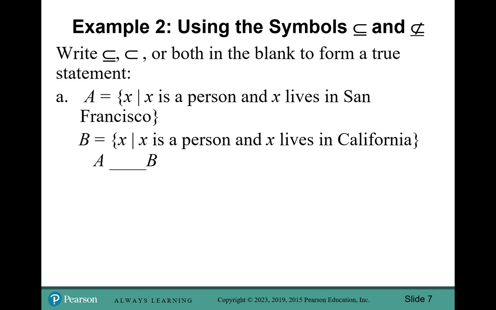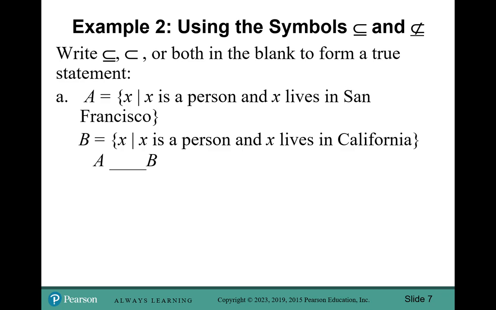Alright, let's think about this. We want to know, is A a subset or a proper subset or both of set B? If a person lives in San Francisco, does that person live in California? Yes, they do. San Francisco is in California. Now, that definitely means that A is a subset of B. So we're confident here.